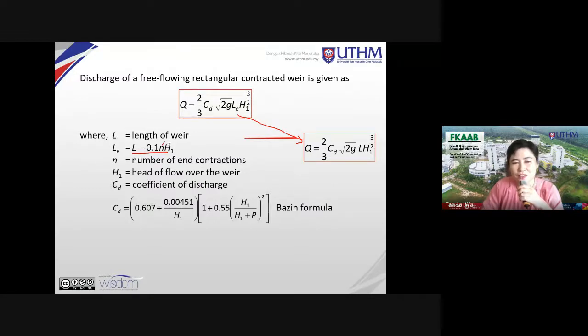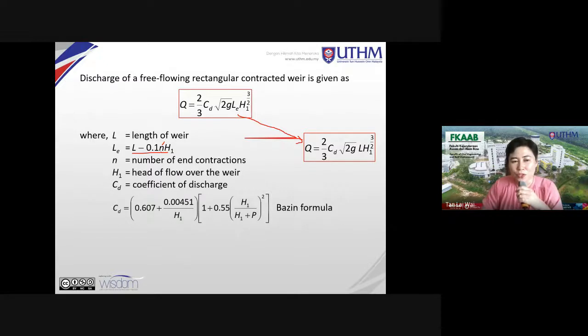If your n is 0 for the suppressed case where you don't have contraction, LE is equal to L. However, if it is contracted, you have some effect due to the contraction.